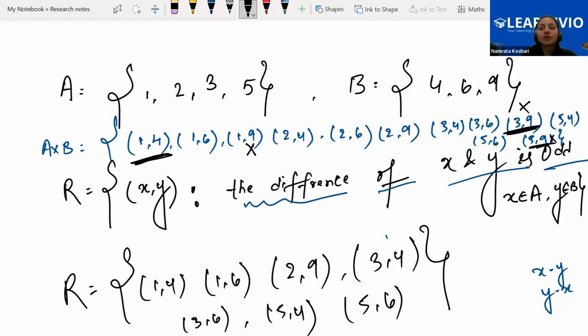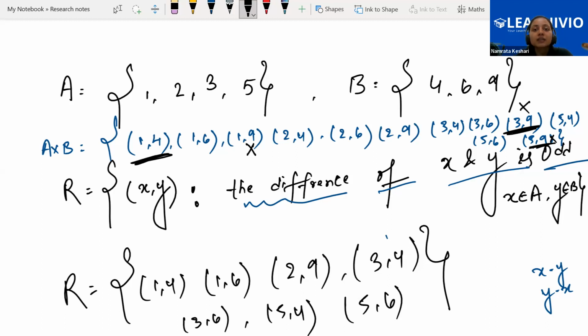Can you see? We have listed down all the ordered pairs which are fulfilling this relation, fulfilling this condition. We have noted it down successfully, and that's called a relation. This is how every time a condition will be posed, and we have to be careful.